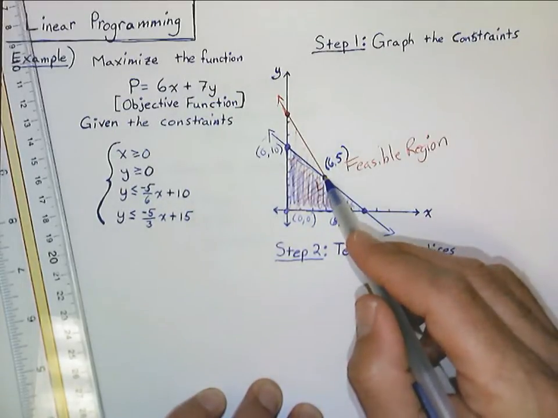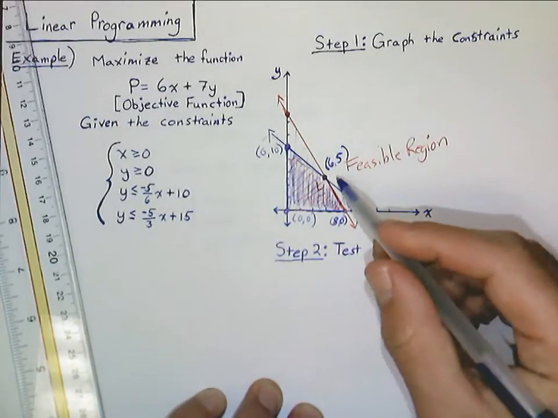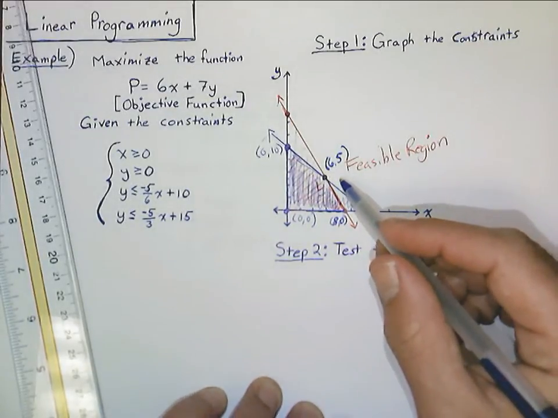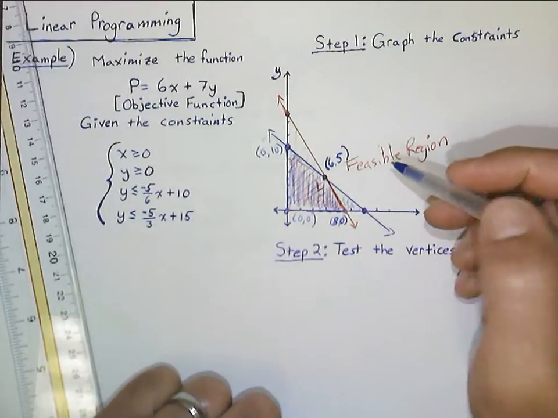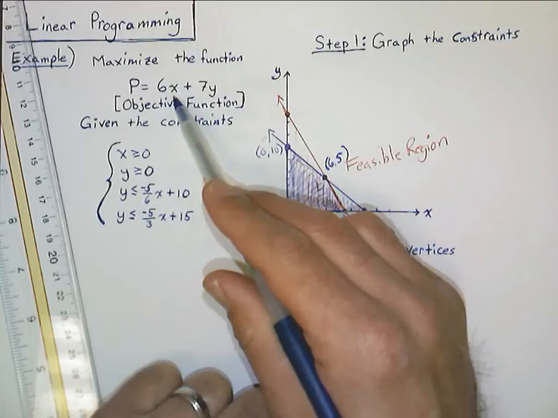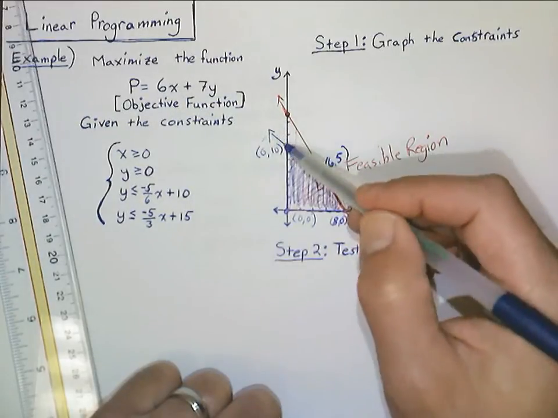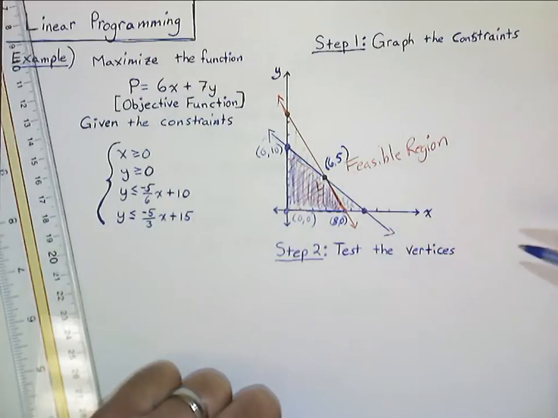The solution to that system of equations would be the intersection point right there. So we might see some of these vertices right away from the graph, or we might have to do a little bit more work. But the big point here is, since this objective function is linear, the maximum value and the minimum value, either one we're looking for, has to occur at one of the vertices.